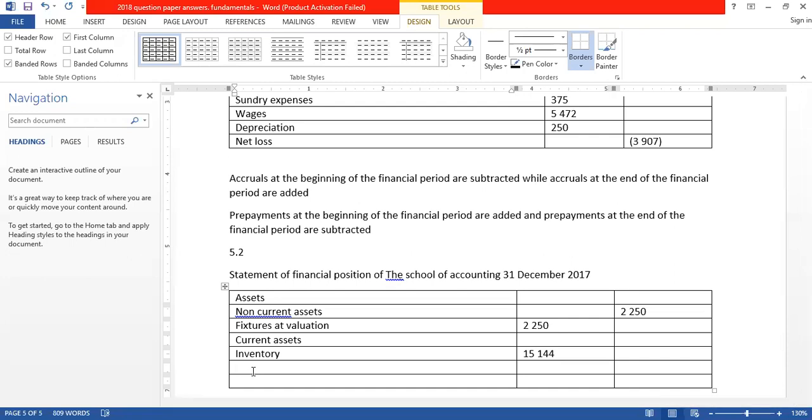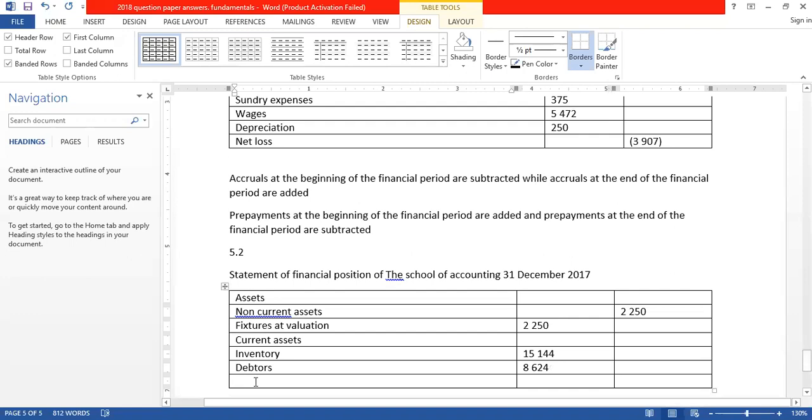These are liabilities. We move on to our debtors, and our debtors are 8,624. So we have debtors of 8,624.